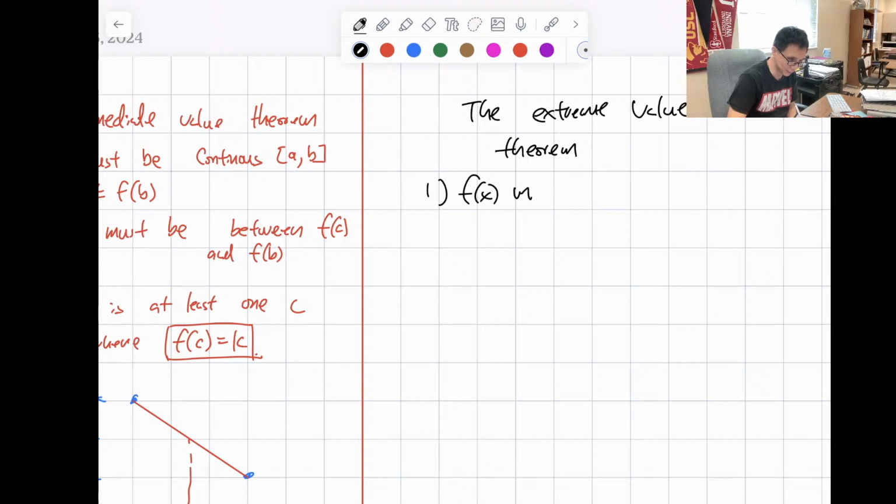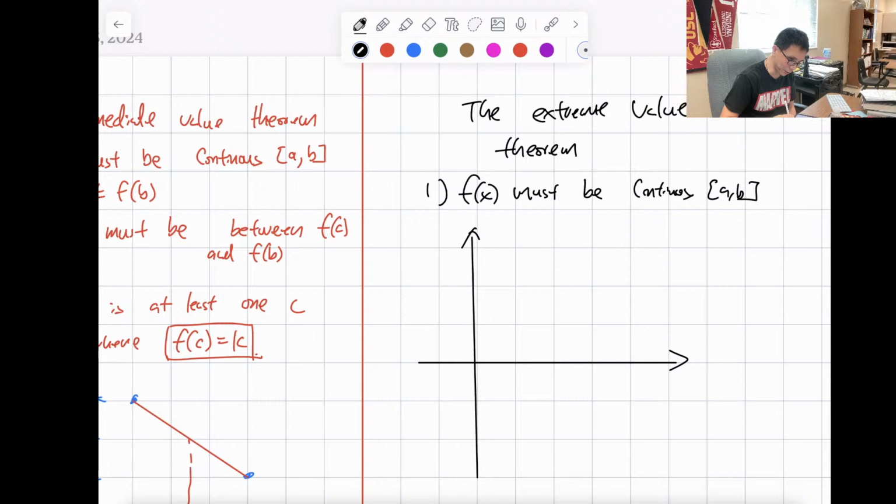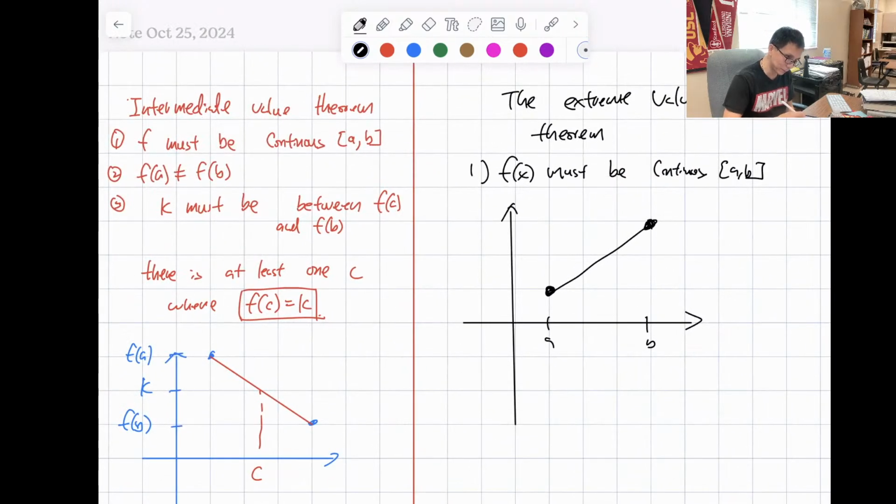That's it. The easiest one. If it's continuous, you can have a couple situations. I'll just give you the easiest situation. Say A and B. There must be a maximum and minimum, right?